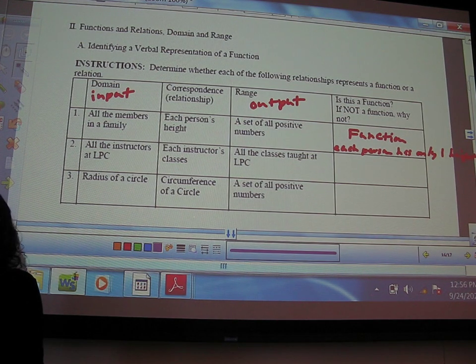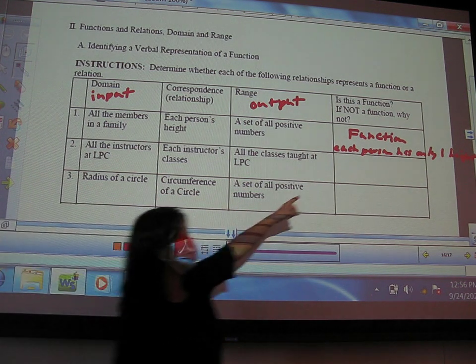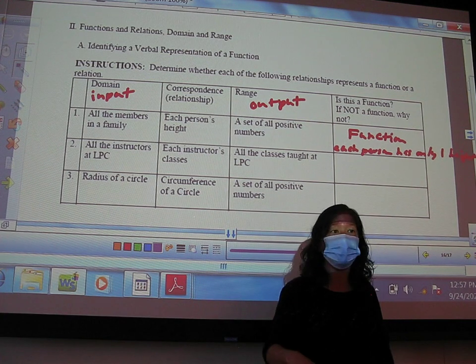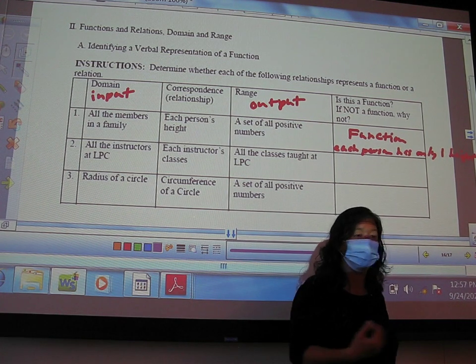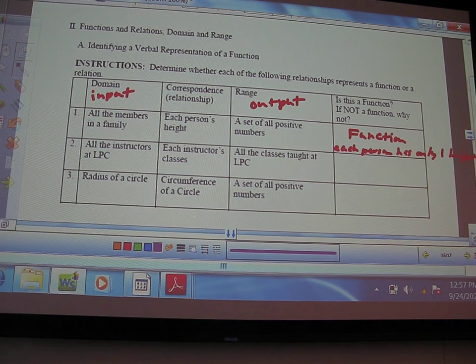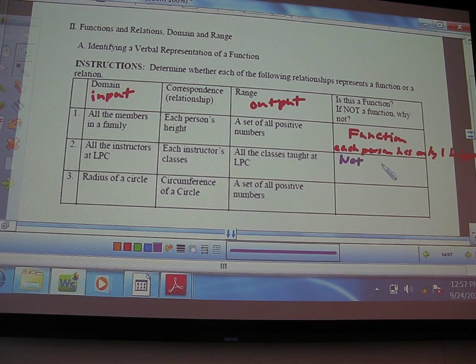No, I teach 4 classes. So it could be any one of those. Do you guys follow me? So is this a function? No. Because if you put somebody in, you might get more than one answer. So this is not a function.